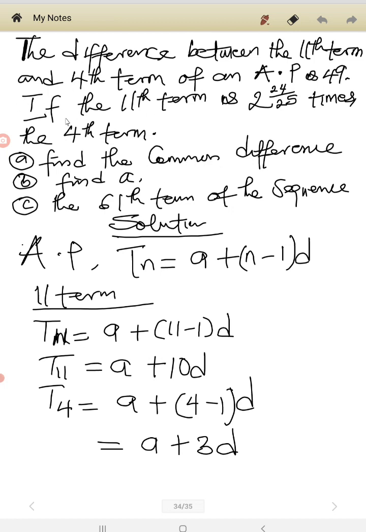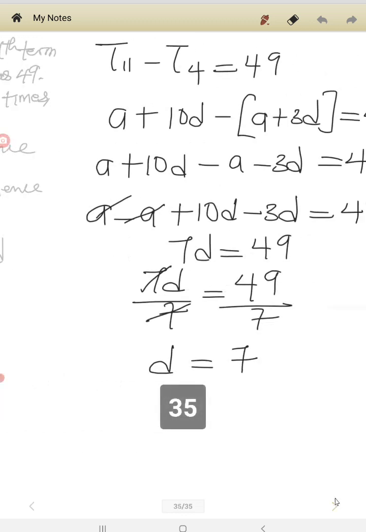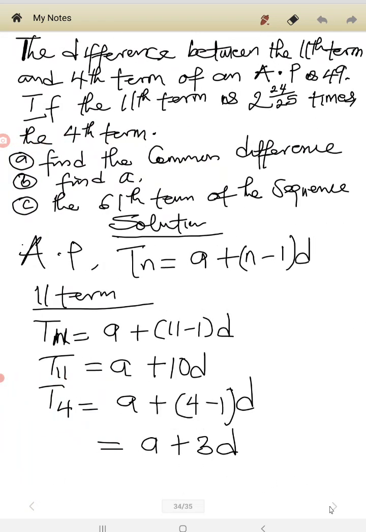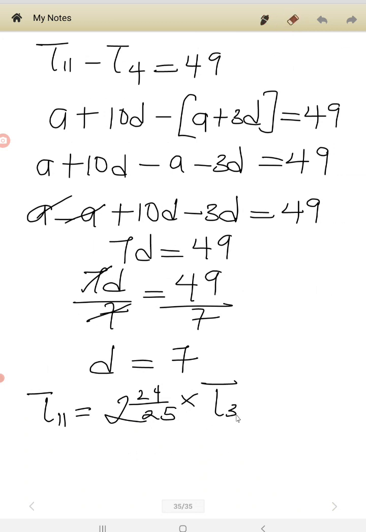You have to come to the second statement that said, if the 11th term is 2 whole number 24 over 25 times the 4th term, you have to express that as: T11 is 2 whole number 24 over 25 times T4.